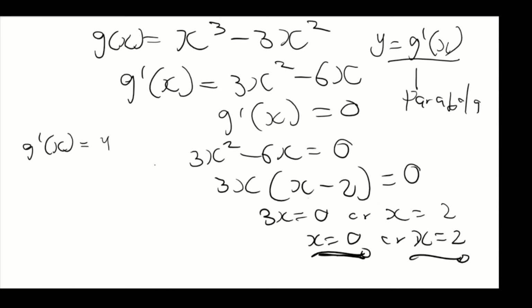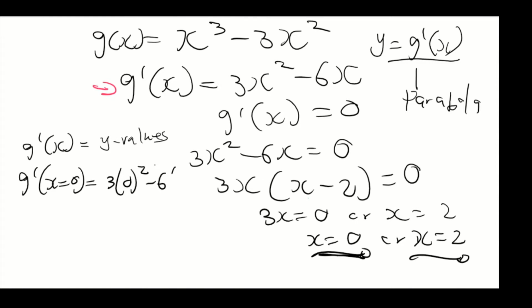So when x is equal to 0, what is our y value? We're going to substitute into this equation here. So it's going to be 3 into 0 squared minus 6 into 0. So basically our y is 0. And then when x is equal to 2, what is our y?